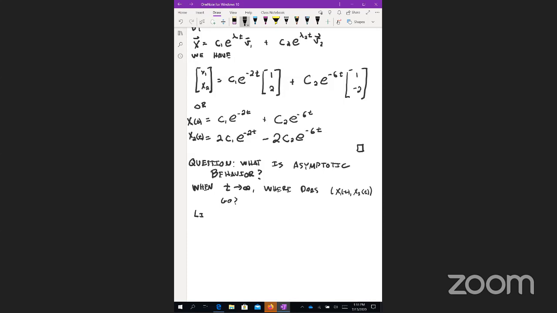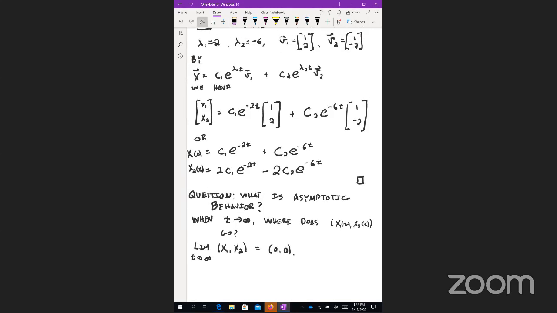So the limit as t goes to infinity of x1, x2 is 0, 0, right? And this is exactly because this is the sum of exponentials, okay?